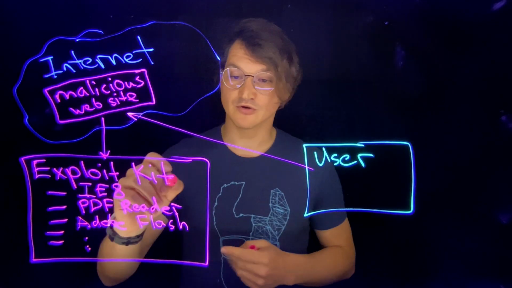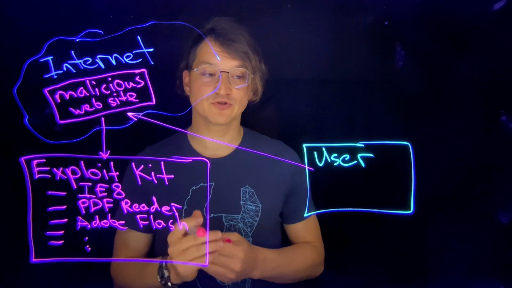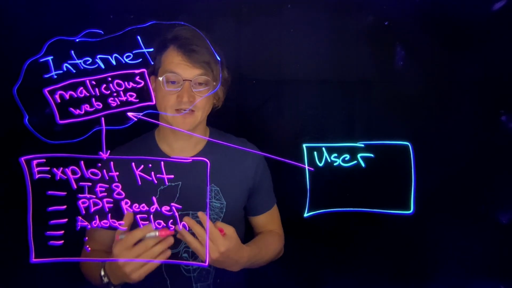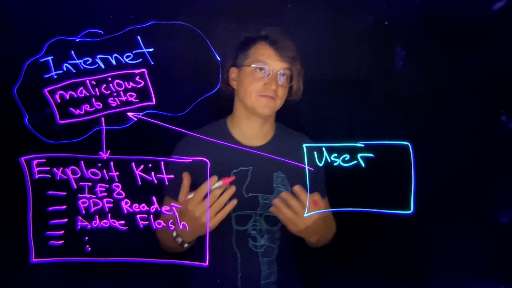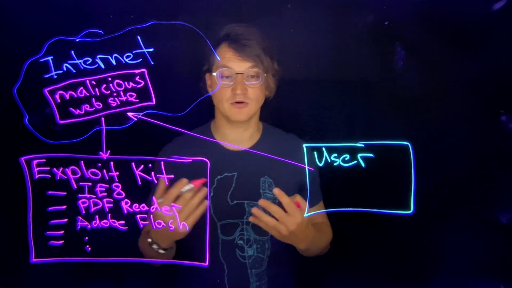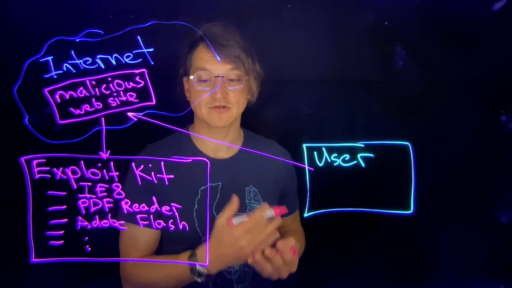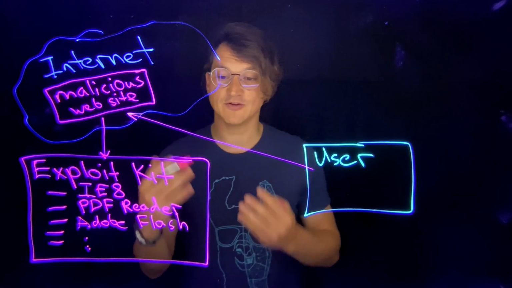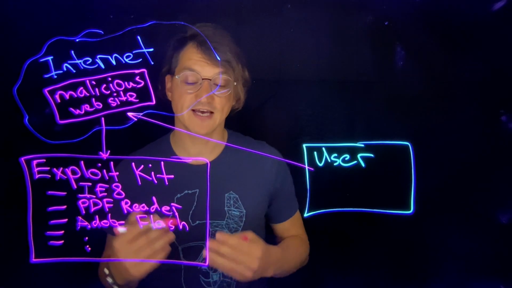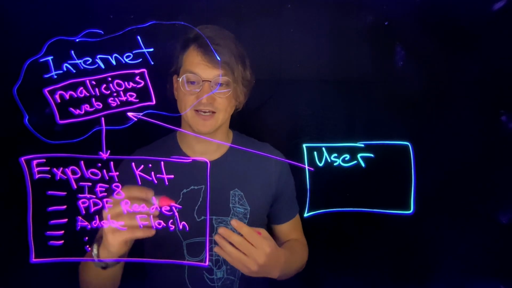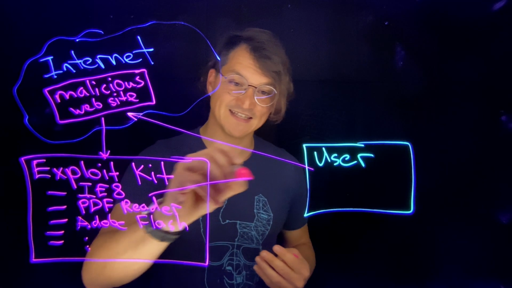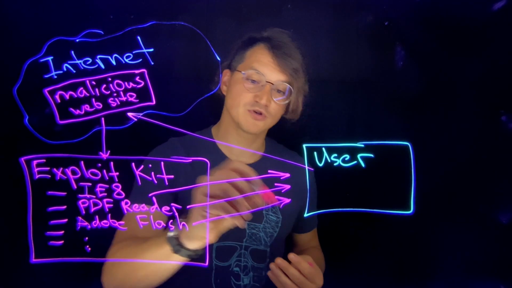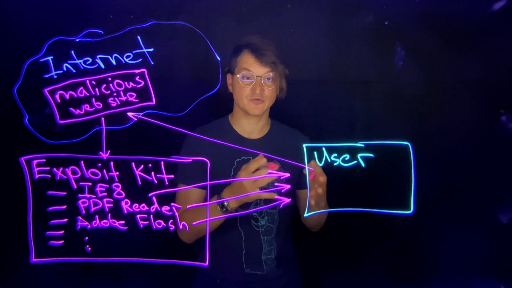When it redirects the user to the exploit kit, it would run JavaScript code to detect what types of applications are available on the user side. For example, what type of browser it is, what type of PDF add-on or PDF reader is installed, is Adobe Flash available, and what version it is. And when the JavaScript executes, it would send the exploits most suitable for the user's machine.